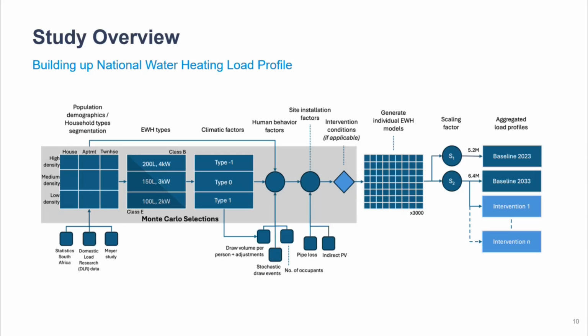With that, we used some Stats SA information and domestic load research information. This is all Marcus's section. We fed that information into the water heater model, and we looked at a variety of different geyser types, given the weighted distribution within the country.